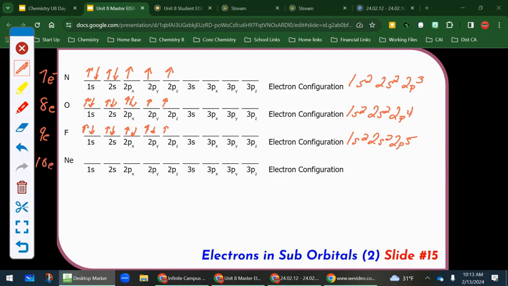Neon, 10 electrons. 1, 2, 3, 4, 5, 6, 7, 8, 9, 10. Configuration. 2p6.